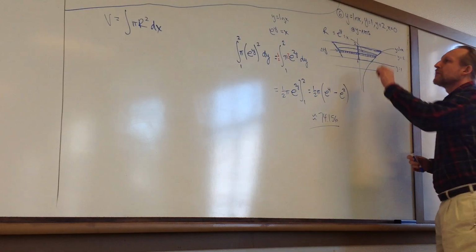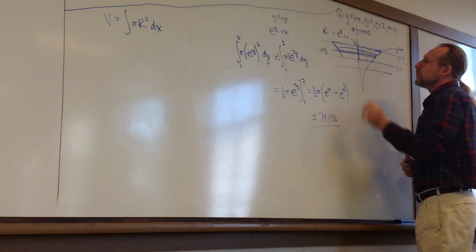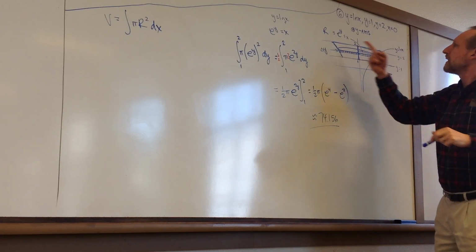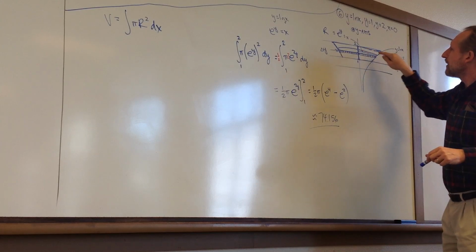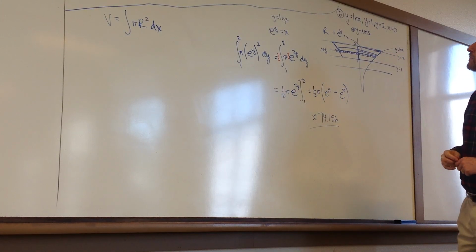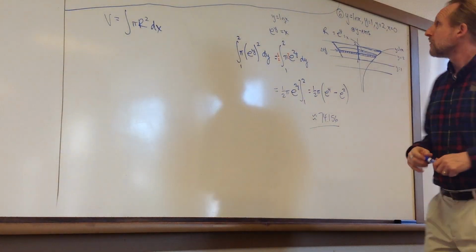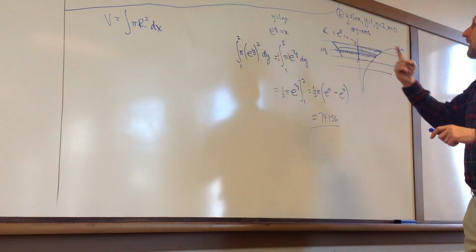Okay, but if you've got a thickness here that's a delta y, and you're rotating around the y-axis, you're going to need a function of y to identify the radius of the disk or washer, depending on what you're working on. Okay, so that's problem 6. That's a disk problem going around the y-axis.